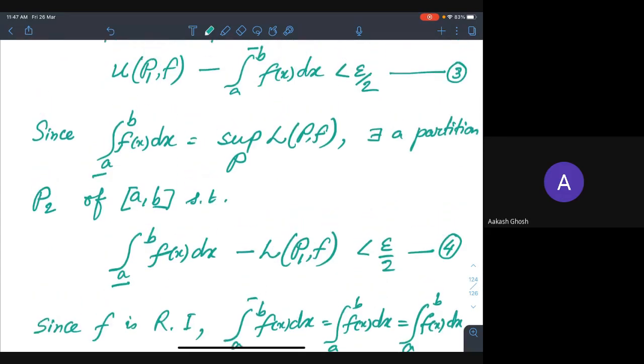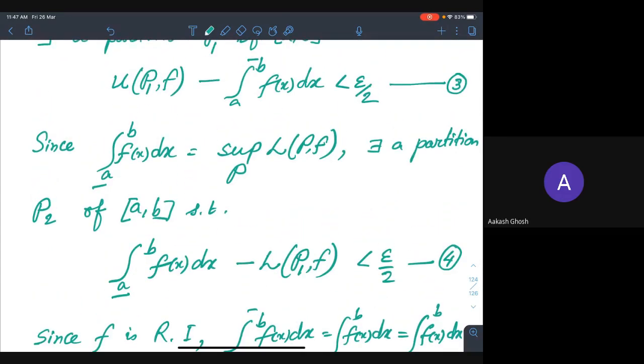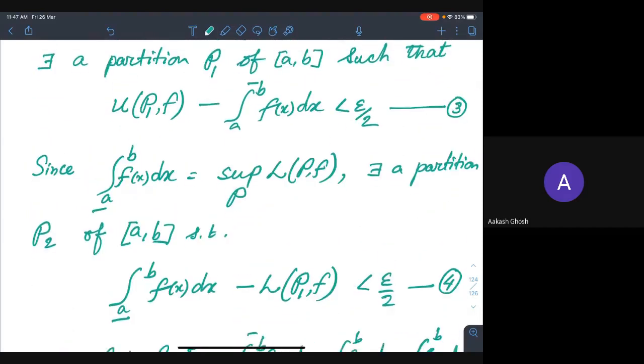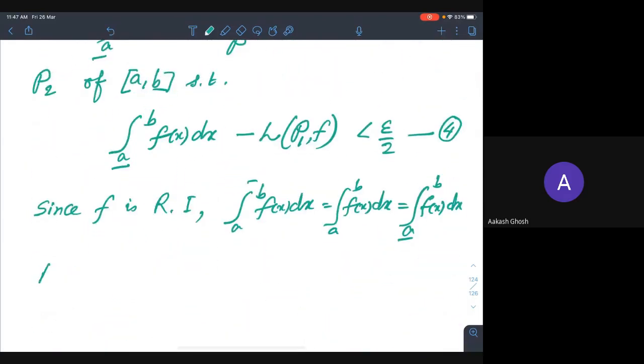Right? So we just add these two. Right? So add 3 and 4.